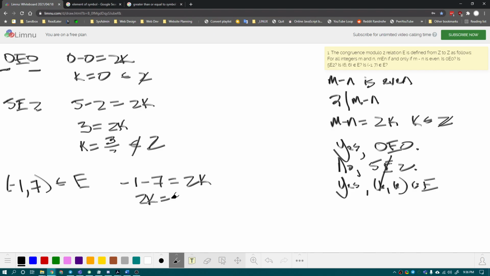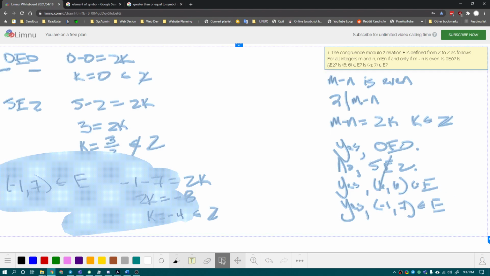You divide that by 2. You get -4, which is an element of the integers, which means that this statement is true. So yes. And I'll say -1, 7 is an element of E. Okay. We cool with this one? Yeah. Okay. Good.